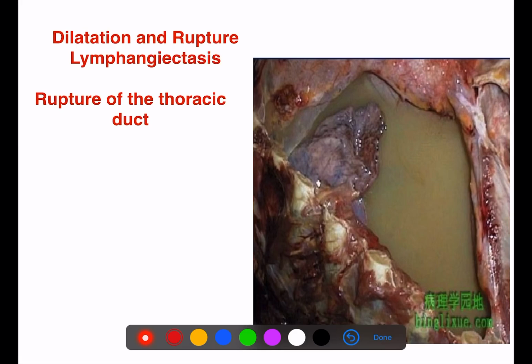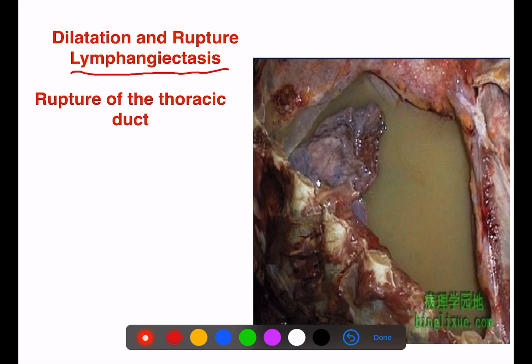The dilation and rupture of lymphatic vessels due to tumor or inflammation is also recorded, and the dilation of the lymphatic vessel is called lymphangioectasis. Like telangiectasis within veins, there is lymphangiectasis. Obstruction of a lymphatic vessel leads to dilation of the lymphatic due to accumulation of the inflammatory process.